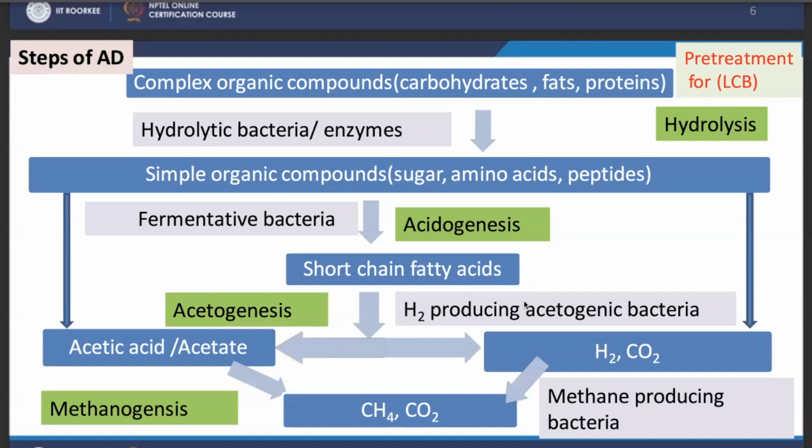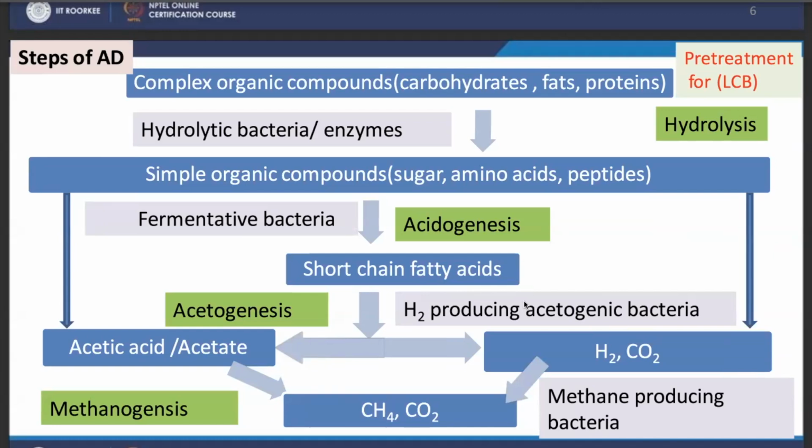So after getting these simple organic compounds, you subject them to acidogenesis. Again, here we are using microbes which can decompose or metabolize these small organic compounds into short chain fatty acids, right? These are basically fermentative bacteria.